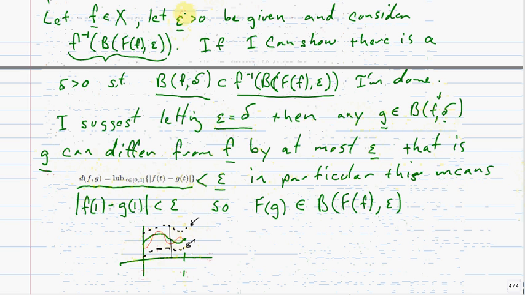And what does that mean in our case? That means f of 1 and g of 1, the difference between them is less than epsilon. And I really should have written F of f minus F of g is less than epsilon. And what does this mean? That means that all these points g, the image of these points g, are in this epsilon ball.